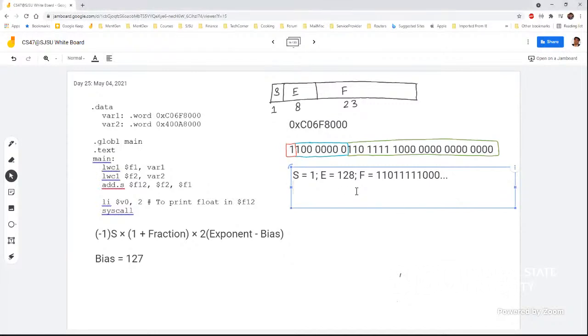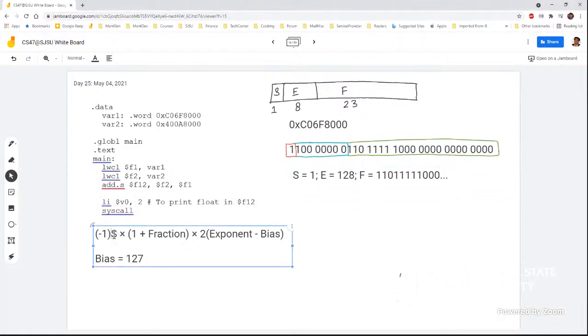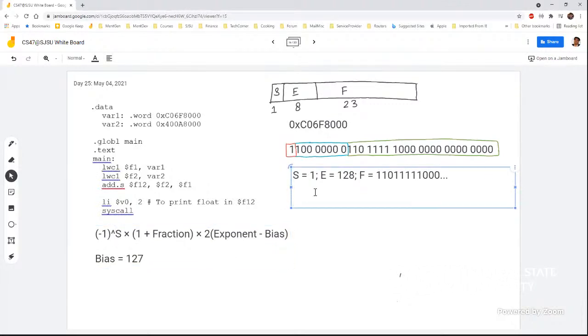Okay, now let's calculate this one. Your value is (-1) to the power S, and S is 1, multiplied by 1 plus the fraction, which means 1 plus 0 point, then the rest of these patterns, 1 1 0 1 1 1 1 1. Let's stop there.